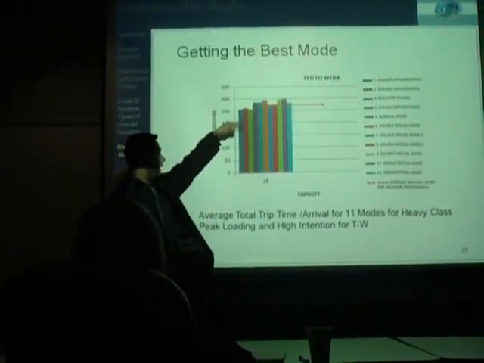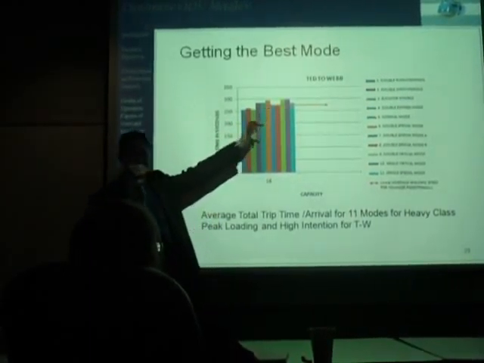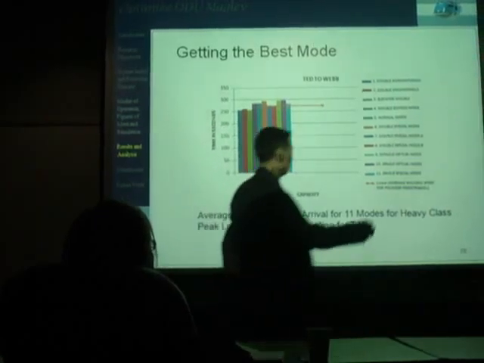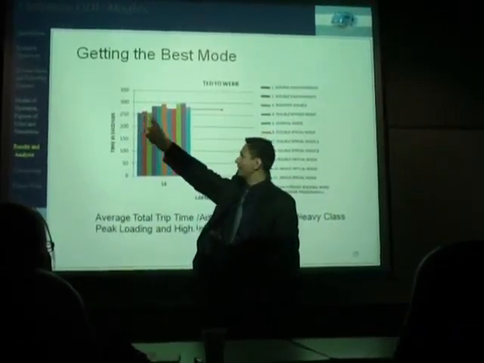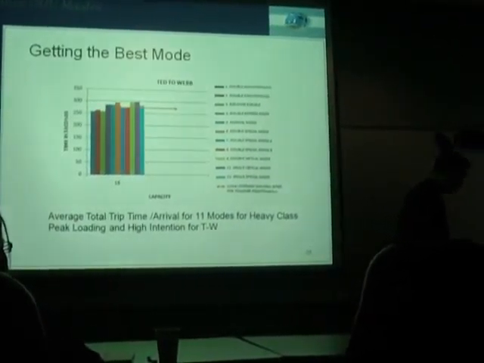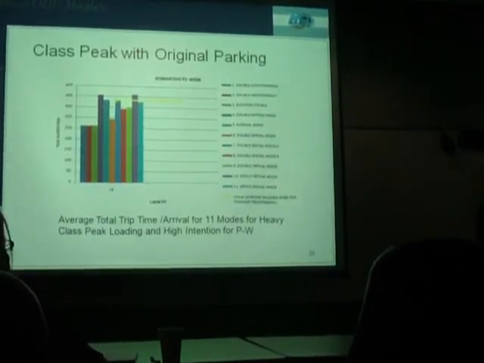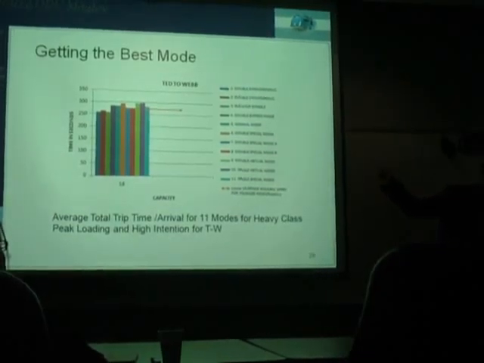That's why at 18 seat capacity, it's almost near the walking time. But the important thing is, the 3 best modes here are the double, asynchronous, synchronous, and elevated double. Now, by the way, that's for TED to Web station.